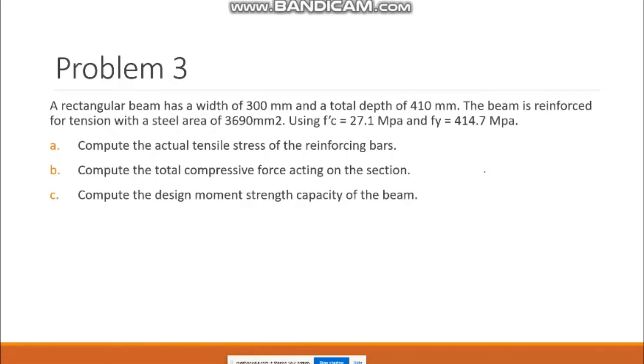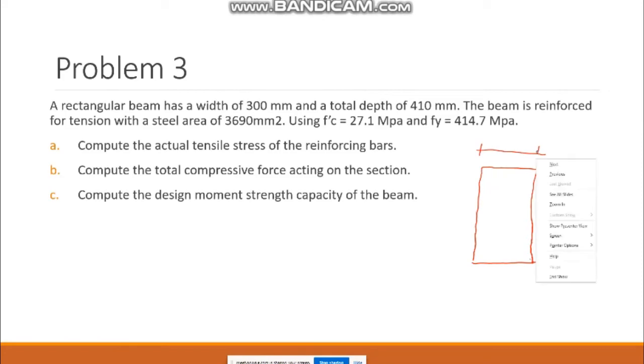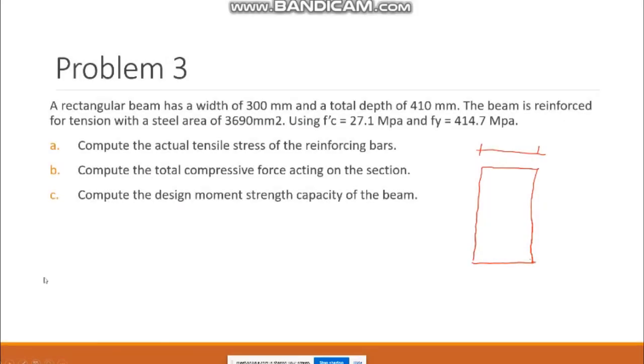So, this is your beam. The width is 300 mm.